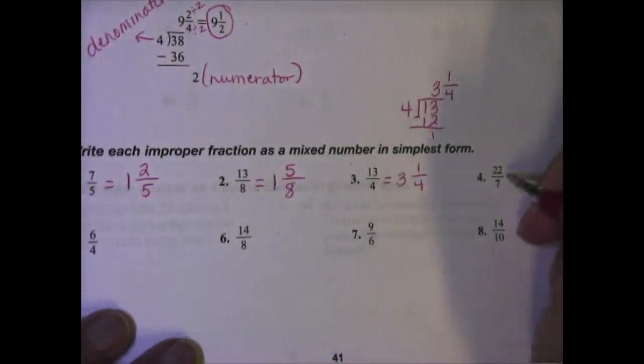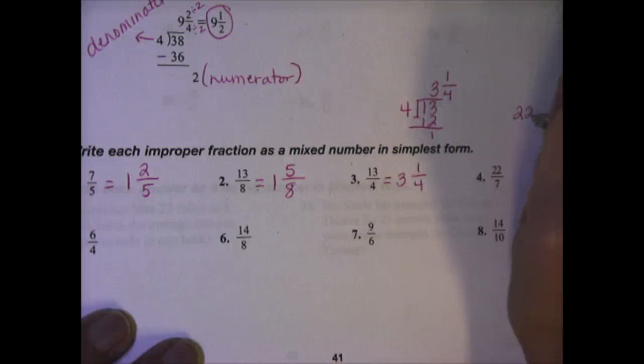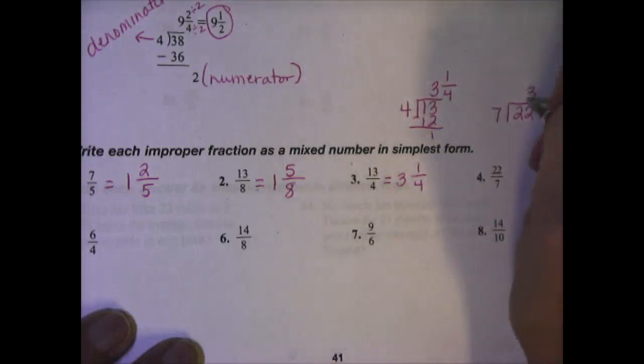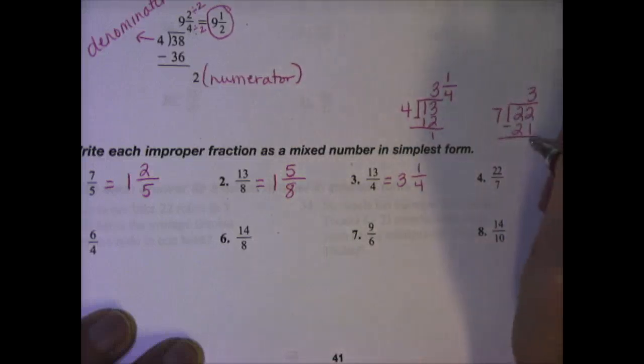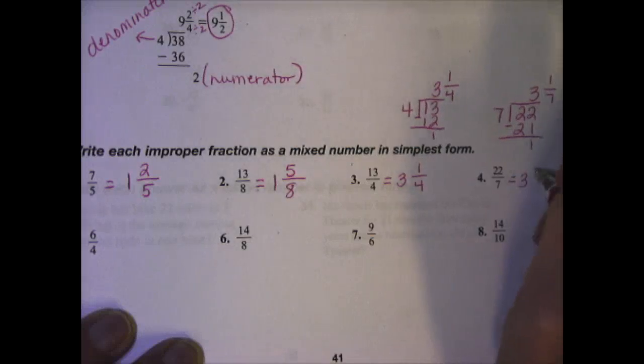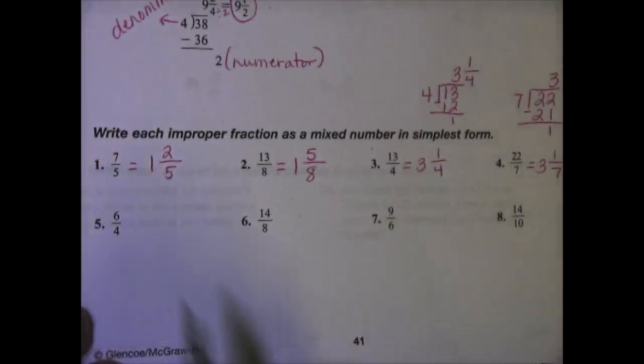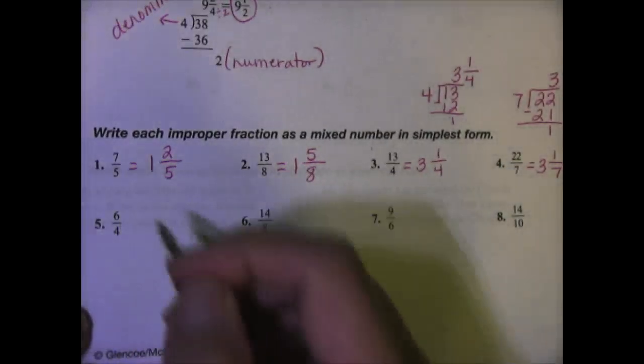Number 4, we have 22 over 7. So 22 divided by 7. 7 goes into 22 3 times. 3 times 7 is 21. 22 minus 21 is 1. So 3 1/7. Let's look down at number 5. 6/4.